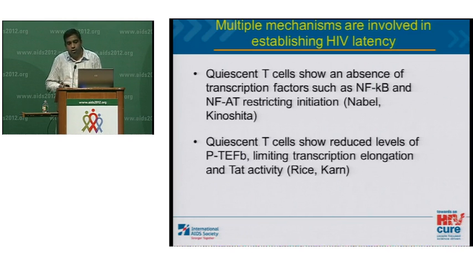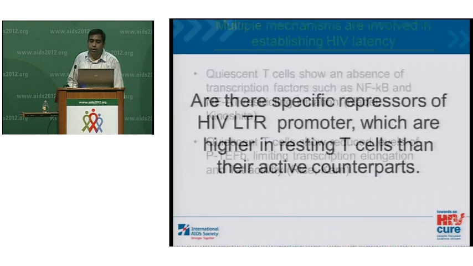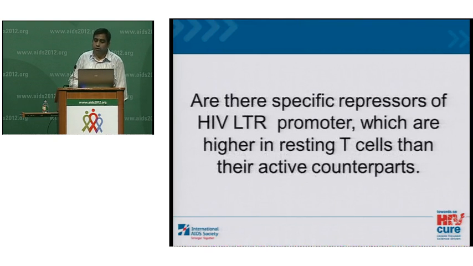But the same outcome can also be achieved if the quiescent T cells have a higher level of transcription repressors than the activated T cells. So the question we ask is, are there specific repressors of the HIV LTR promoter which are higher in resting T cells than in their activated T cell counterparts?